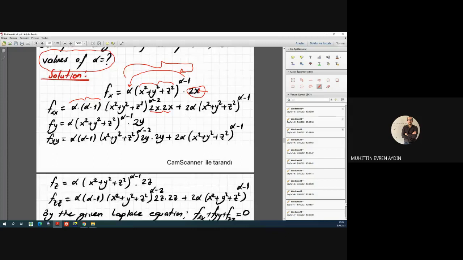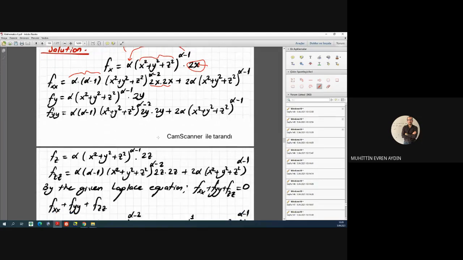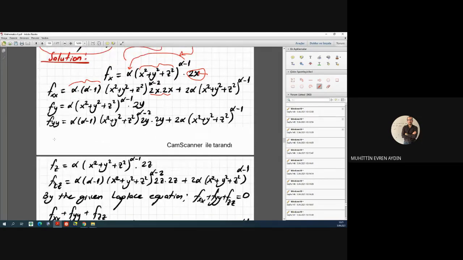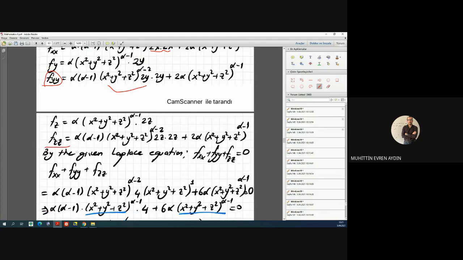By the way, the other derivatives are symmetric up to x, y, z. Namely, in order to find the second order derivative of f with respect to y, you have to replace x with y, and similarly x with z in this case.